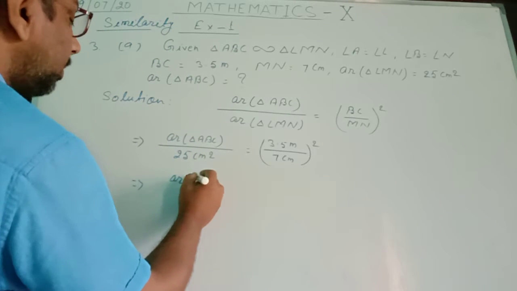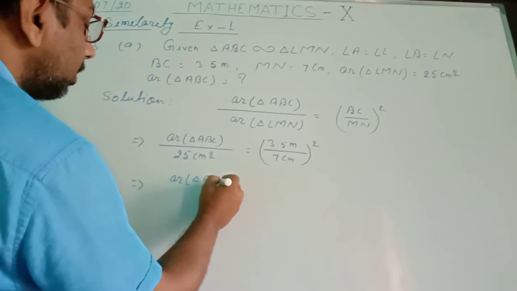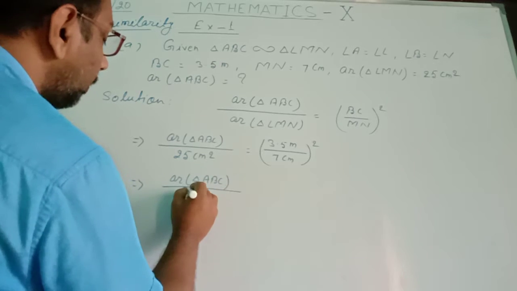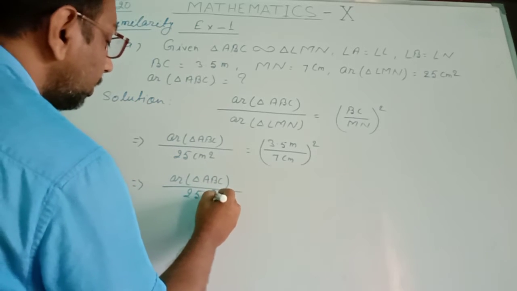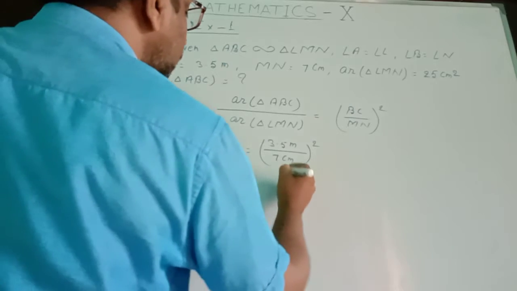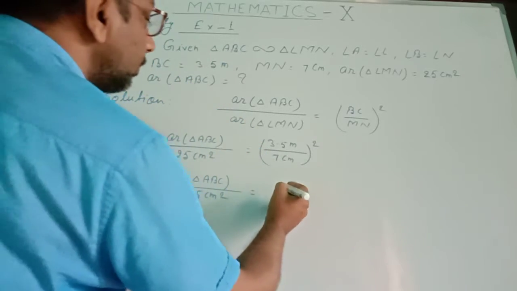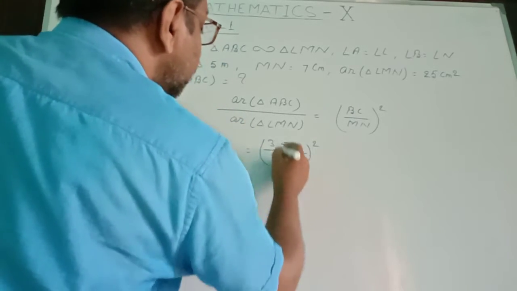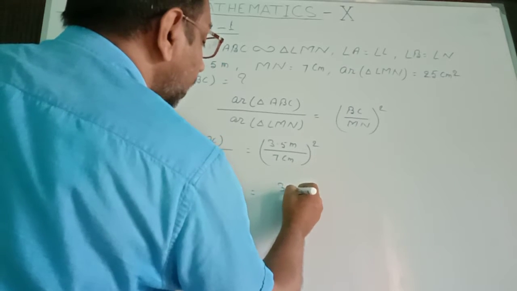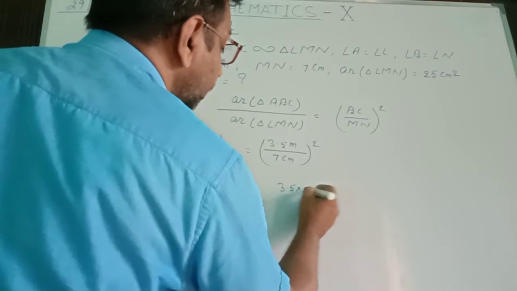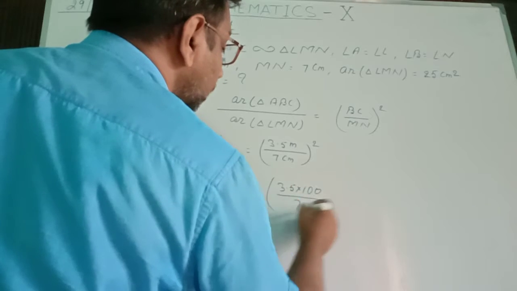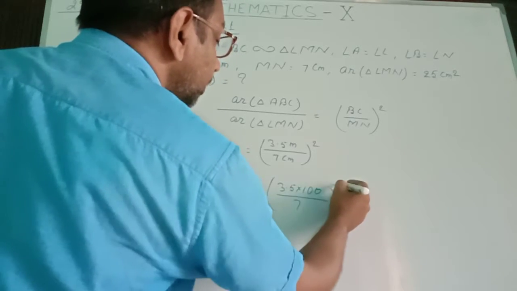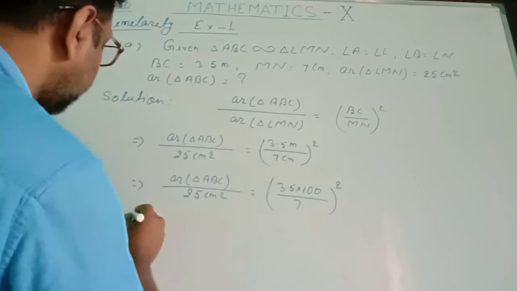Area of triangle ABC by 25 centimeter square equal to, this will change into centimeter, so 3.5 will be multiplied by 100 by 7, here centimeter, that is cancelled, whole square.